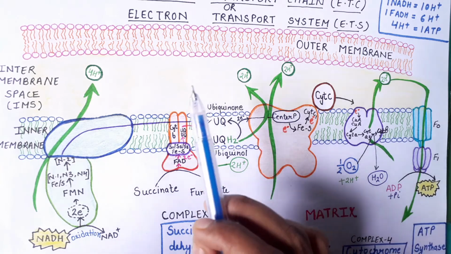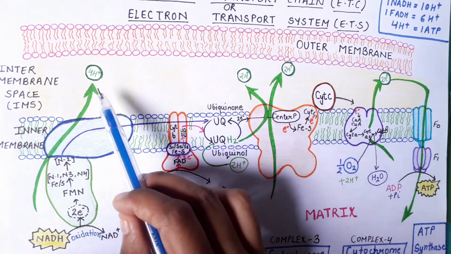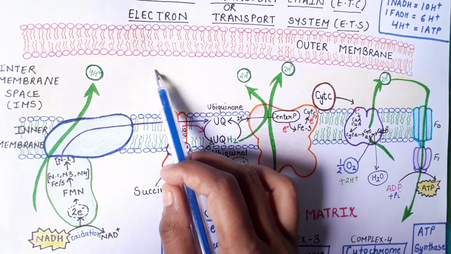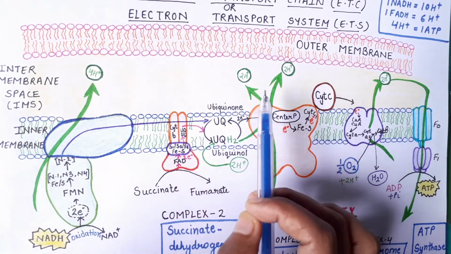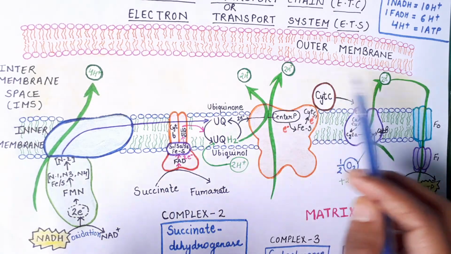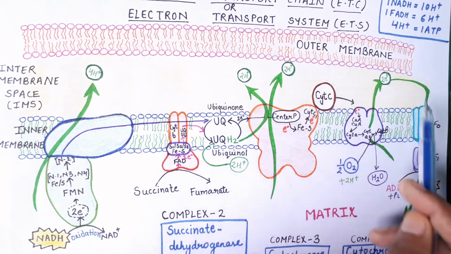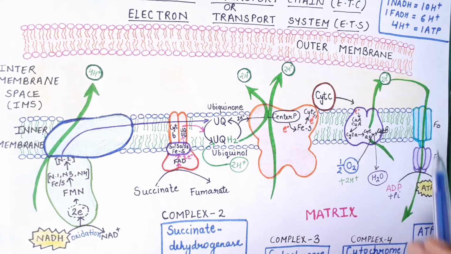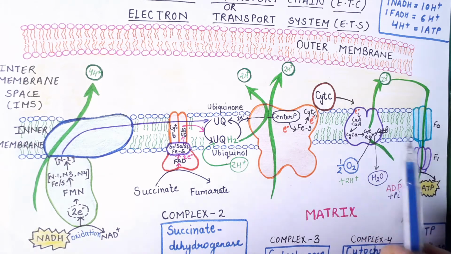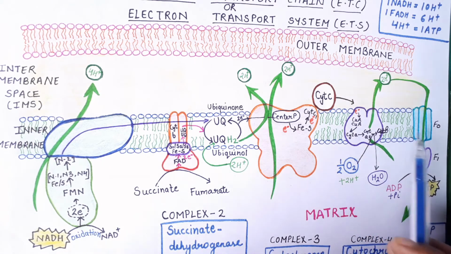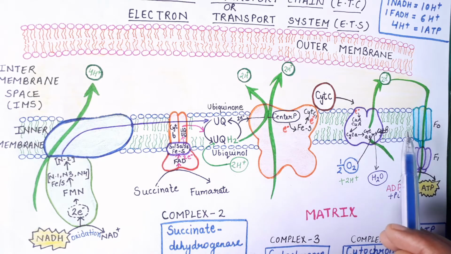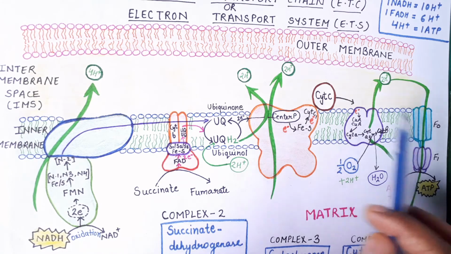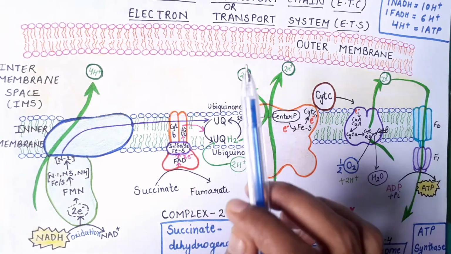So how many protons do we have in the intermembrane space? We have 10 protons in the intermembrane space. So while pumping these 10 protons from the intermembrane space into the matrix, ATP synthase complex will form 2.5 ATP. I repeat, ATP synthase complex will form 2.5 ATP because we have here 10 protons.